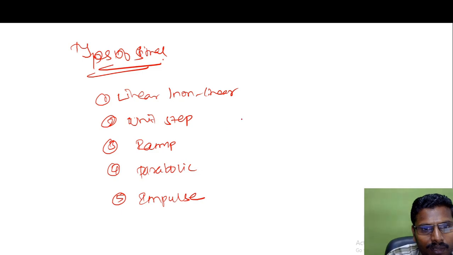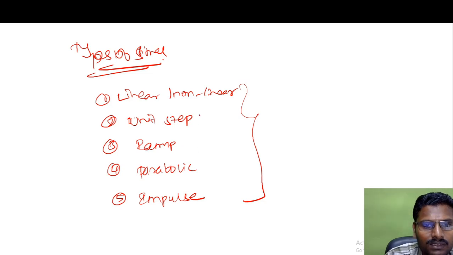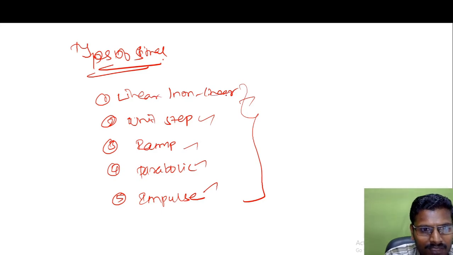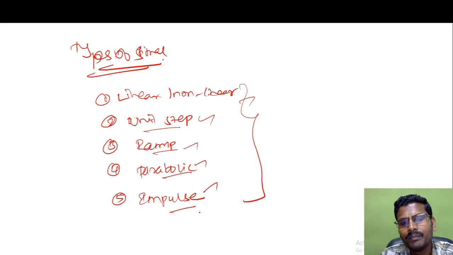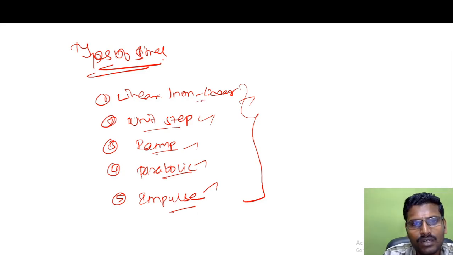So these are the basic signals that will be used in real-time applications, right? Linear signal, non-linear signal, unit step signal, ramp signal, parabolic signal, and impulse signal. In the next video, we'll see the individual definitions of these signals, right?